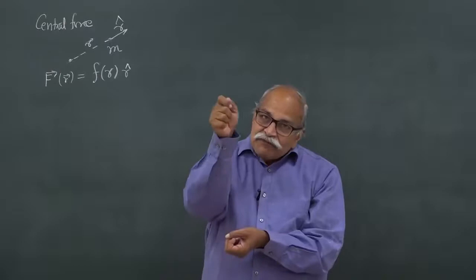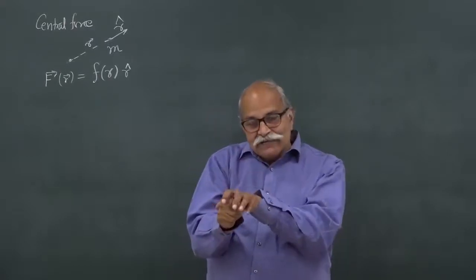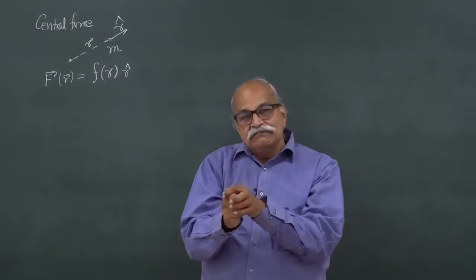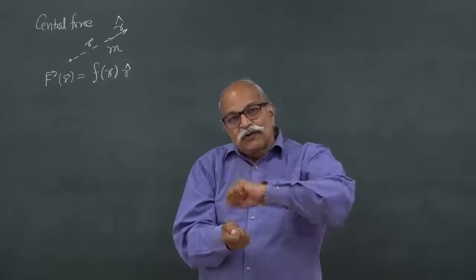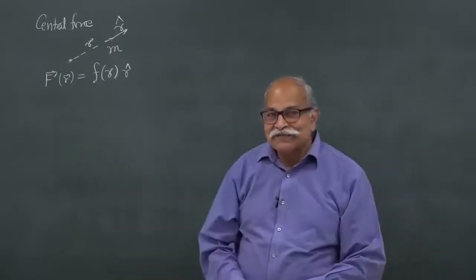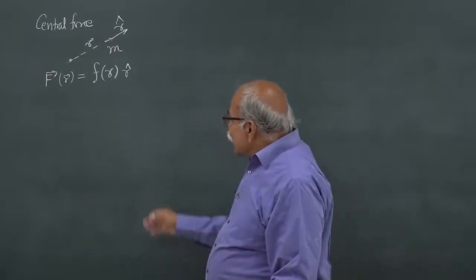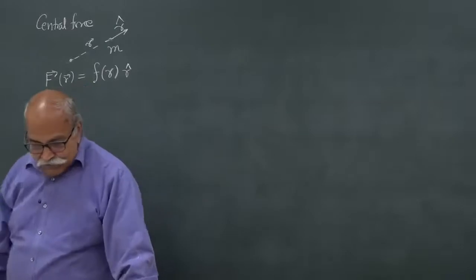All the time the force on the electron is towards that proton, which is taken as the origin, and the force depends on the distance only, q1 q2 by 4 pi epsilon naught r square. So, you have so many examples. Okay. So, let us try to study this.